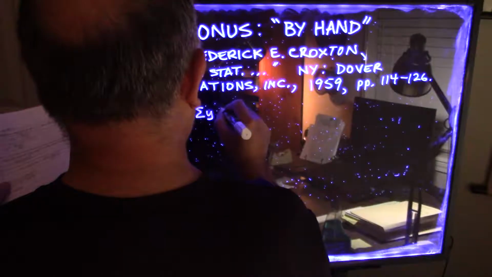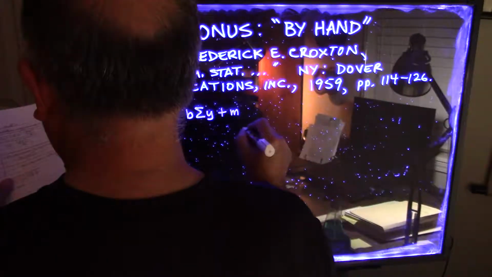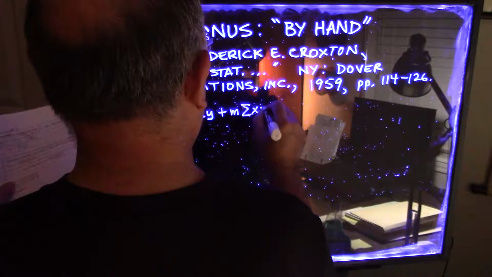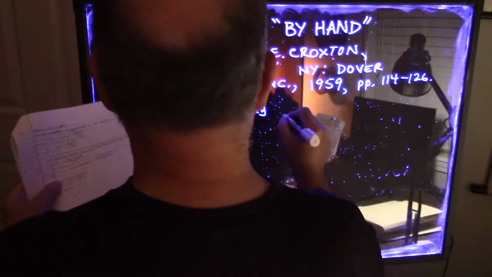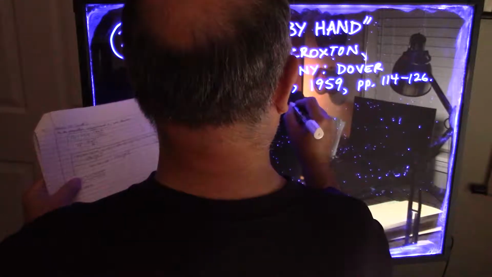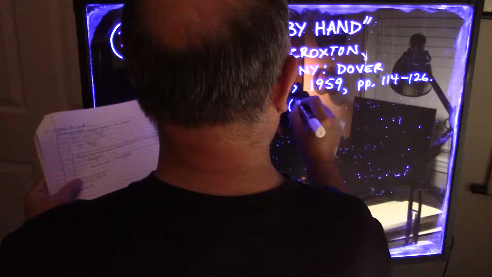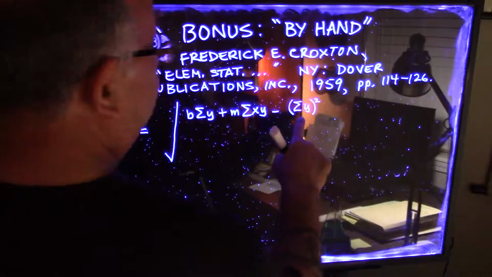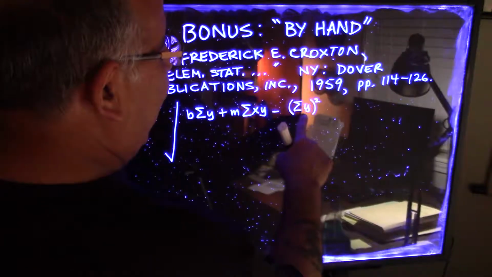plus m times the sum of xy minus the sum of y's squared. Now this here is the total of the y column.